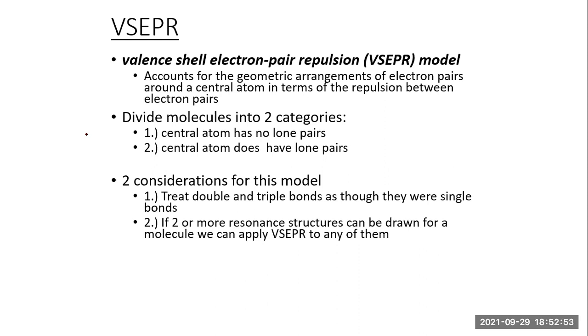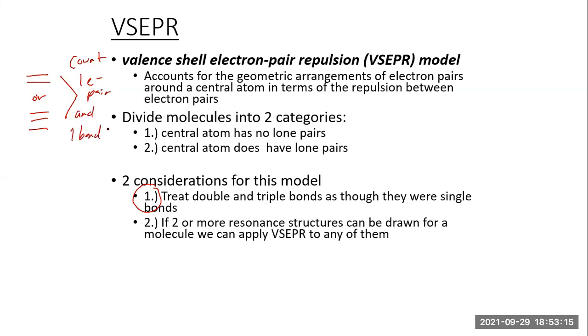And the most important rule to worry about for us is number one here. If you draw a Lewis structure and you have a double bond or you have a triple bond, we count these as one electron pair and also one bond.